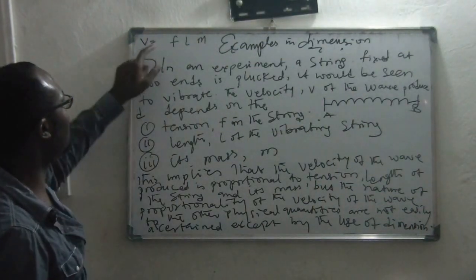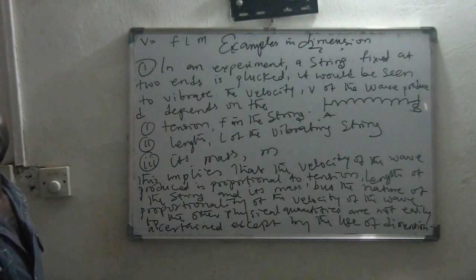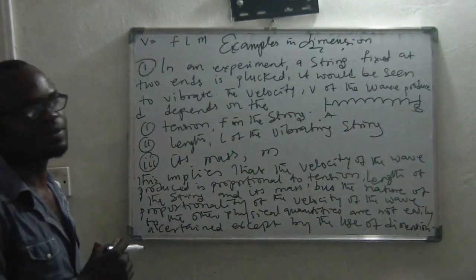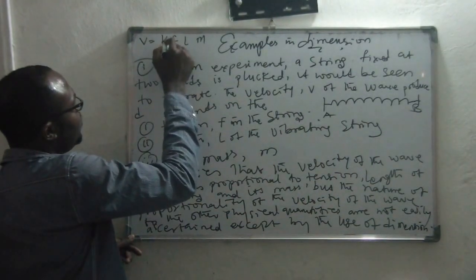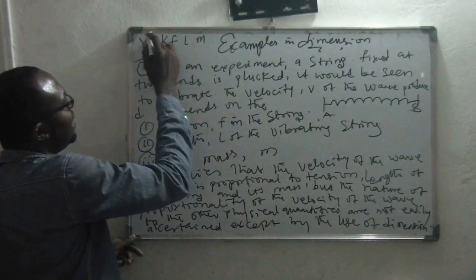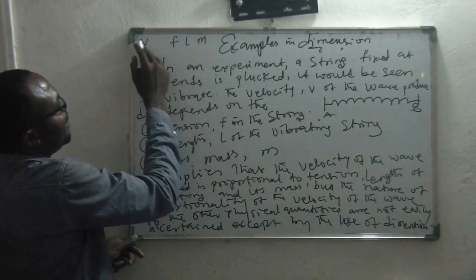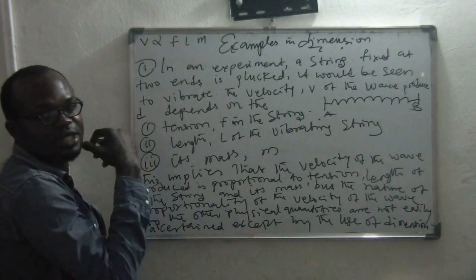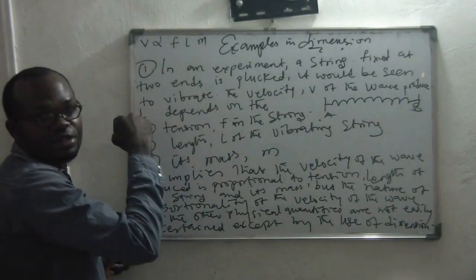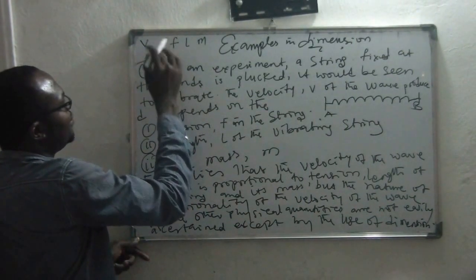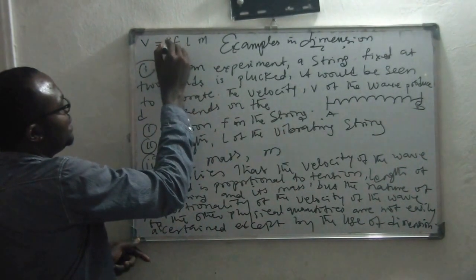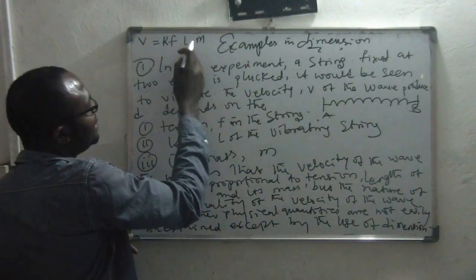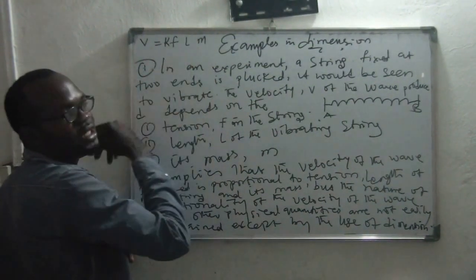But how do you know this relationship? You don't actually know the real mathematical equation. So you make some assumptions. Instead of that, you can say that the velocity is proportional to F, L and M. But this is not a pure mathematical relation. So to remove this proportionality sign, you put equal to a constant k. But you don't know the degree at which each of these quantities affects it.